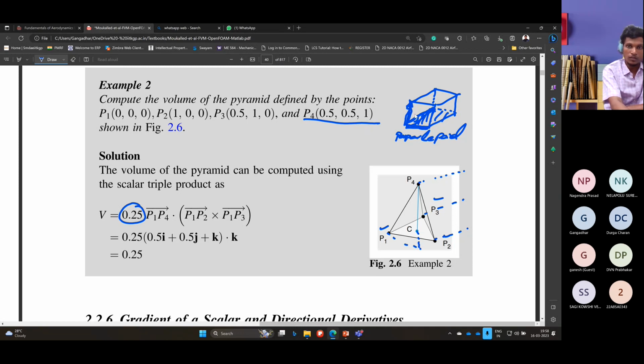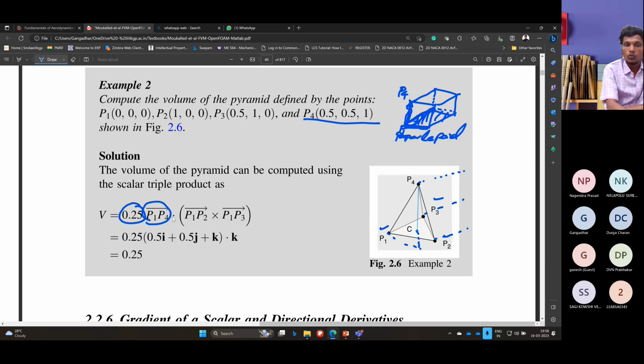If you say it is P1 and it is P4, then you just subtract the corresponding x values and y values, and you will get the P1 P4 vector.